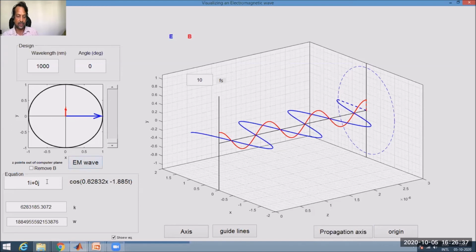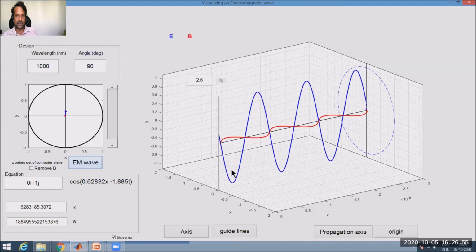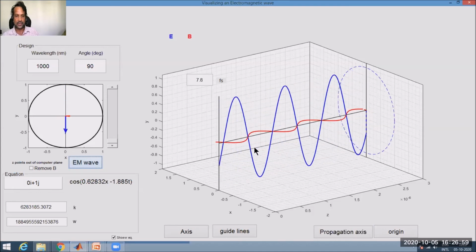Now let us look at the same thing in the other plane. As you can see, the cosine term did not change, only the amplitude term changed. So this is a vector. Earlier it was i, now it has become j. So it's the same thing, but the electric field is in the vertical plane, and the magnetic field is in the horizontal plane.